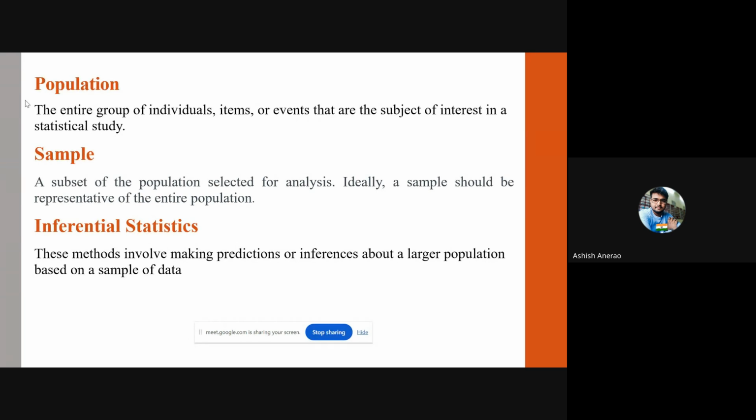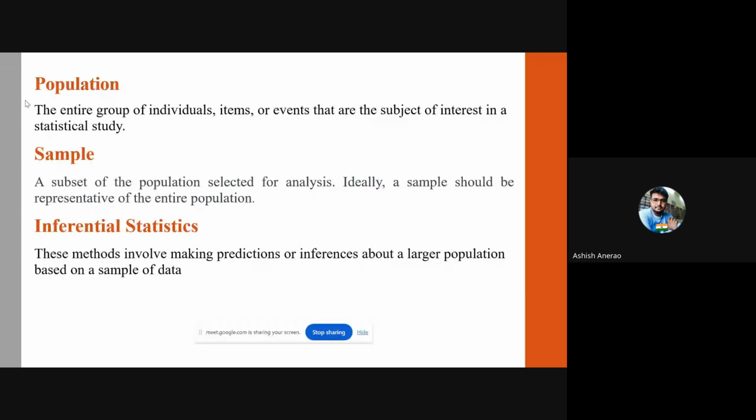Now the next, third definition is statistical inference. Inference in Marathi we call आपण अंदाज म्हणू शकतो त्याला. Inferential statistics is a very important concept in statistics. We do not calculate the result from the entire population, so we take a sample from that population.